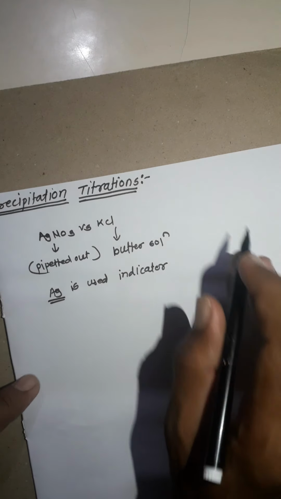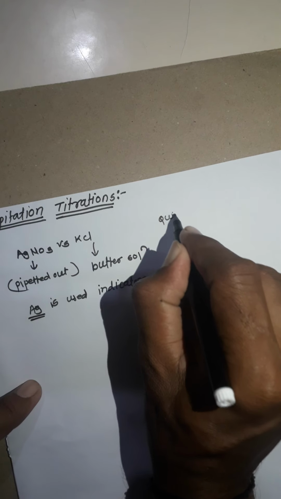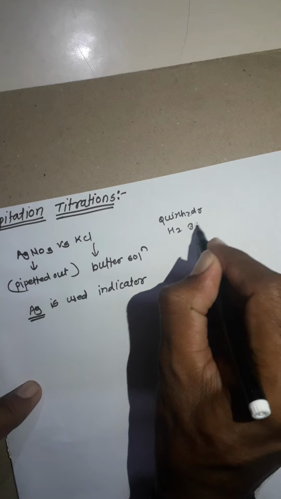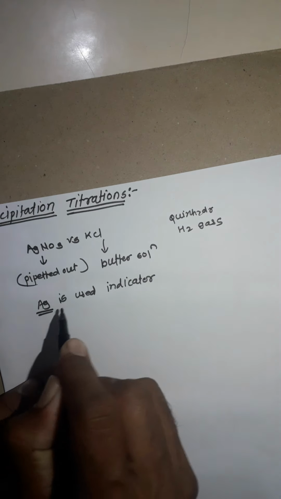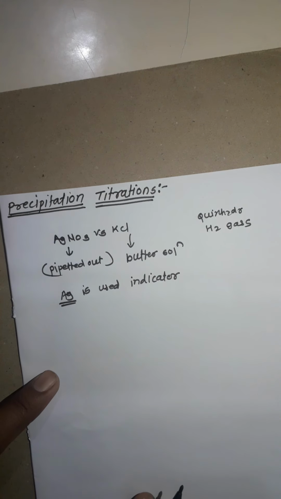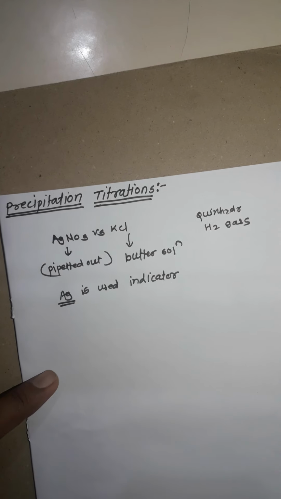Same like this, you already know the quinhydrone electrode and hydrogen gas electrode are indicator electrodes. Likewise, the silver electrode is used as the indicator electrode in this precipitation titration. Then this is coupled with a saturated calomel electrode with a KNO3 salt bridge.